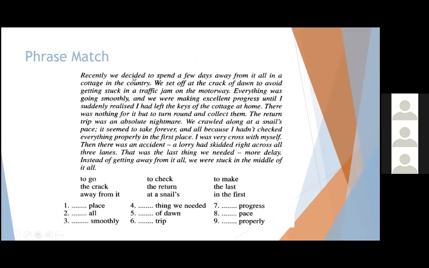And we can say decided to spend, yes? Or let it be crack, the crack of dawn, yes? Or namely, we could find the word keys, left the keys, keys to the cottage or keys of the cottage, whatever, yeah? So you get the learners to find these different connections between words in the sentence.